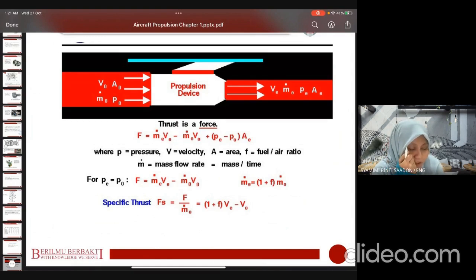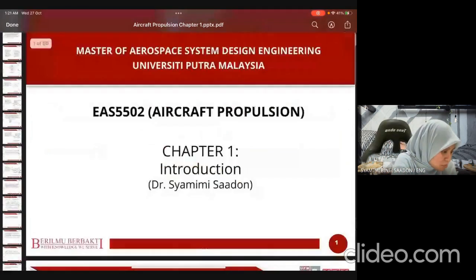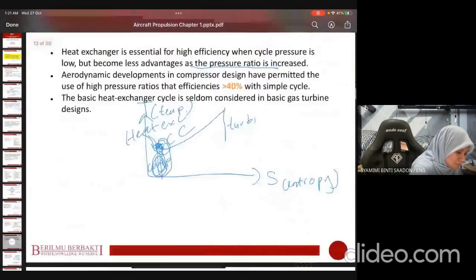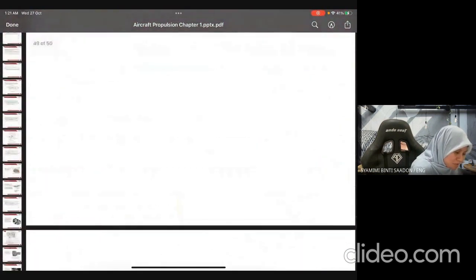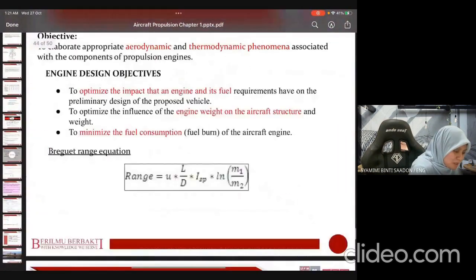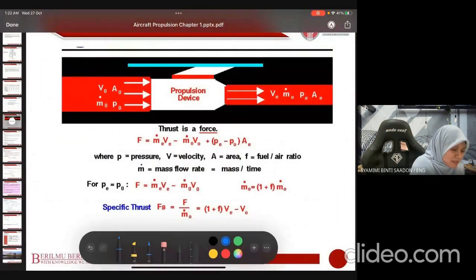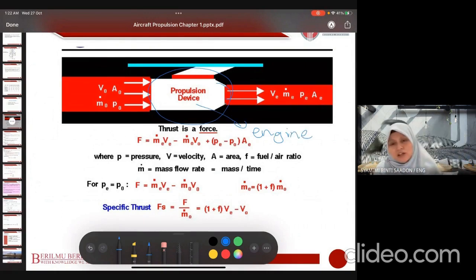But here, for example, we have the engine. So our engine here, this one in white, is our example of a turbofan engine, our propulsion device. We imagine the engine, the propulsion device here, is the closed system.